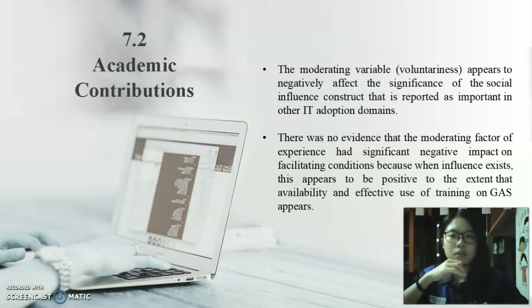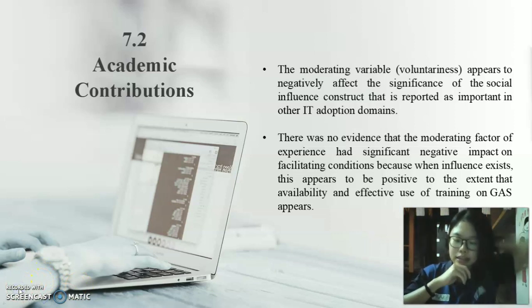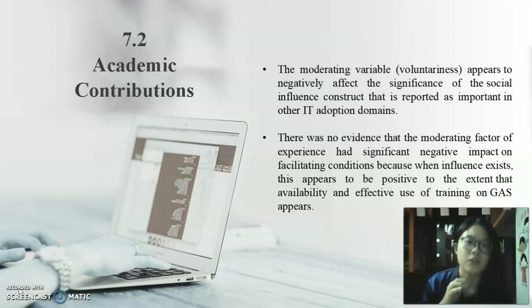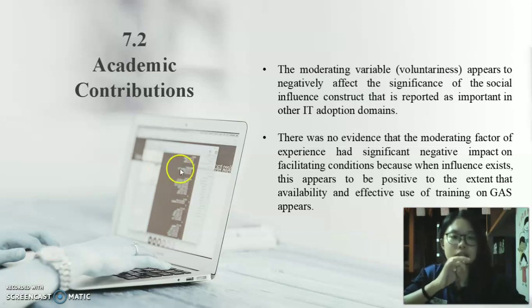Let's discuss the academic contribution. As we discussed before, internal auditors are knowledge workers making decisions in an involuntary domain. Therefore, the moderating variable, voluntariness, appears to negatively affect the significance of the social influence construct that is reported as important in other adoption domains.